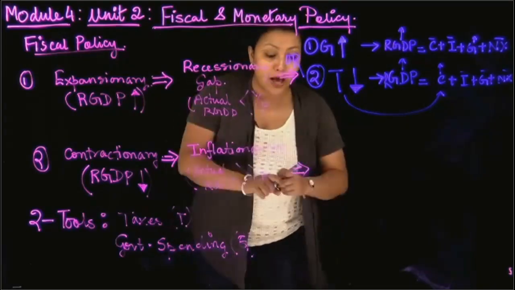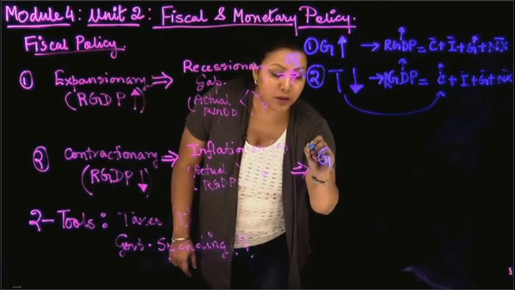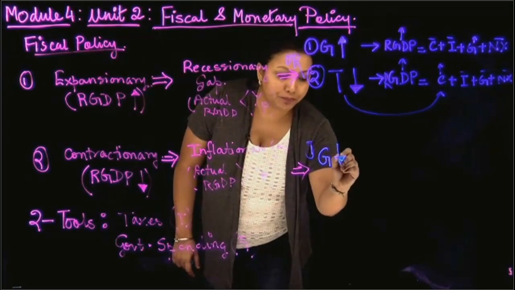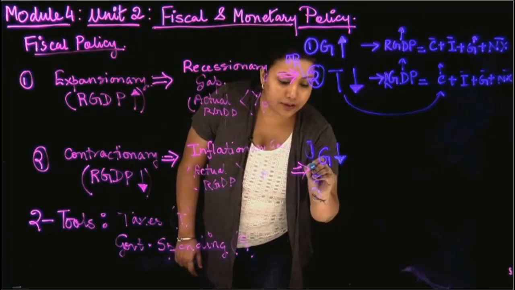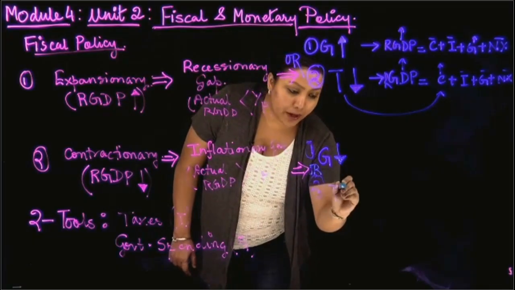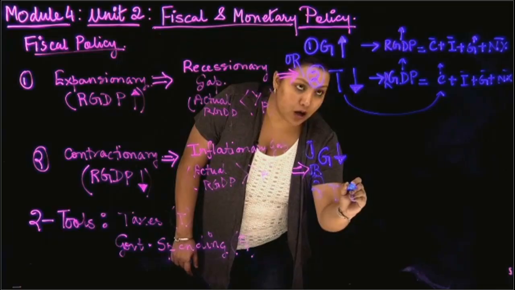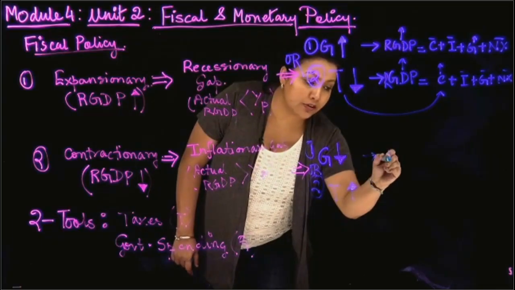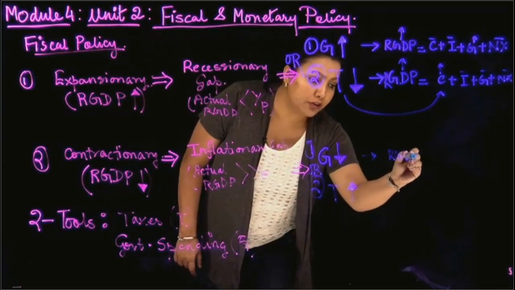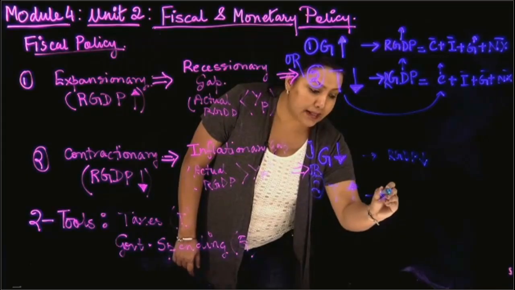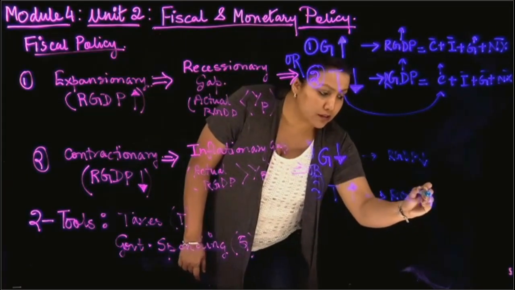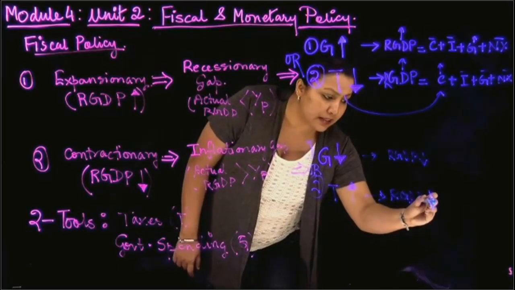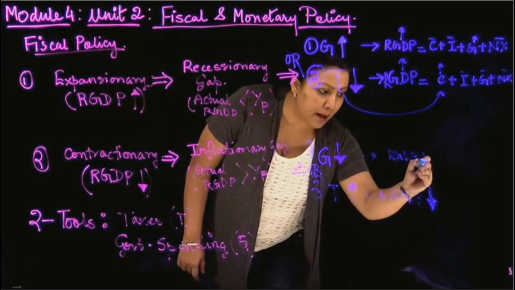Now the opposite would happen if government expenditure went down, or if the taxes went up. That would account for a decrease in the real GDP. Both would take the real GDP down, and that would account for contractionary fiscal policy, which is necessary in case of an inflationary gap.